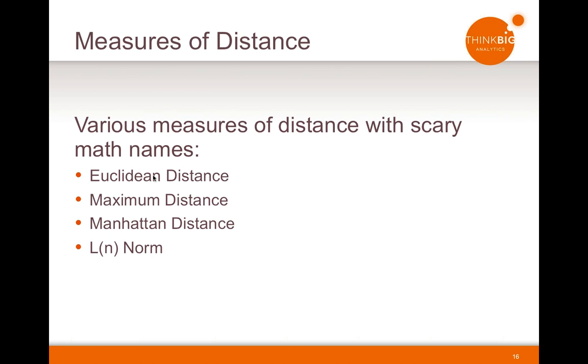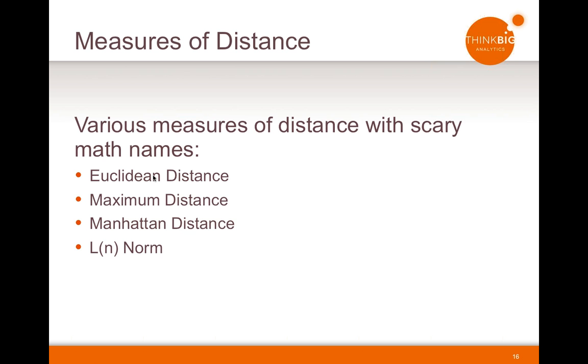If you're trying to measure the distance of a line between 2 points in 3 dimensions, it would be x squared plus y squared plus z squared. If you're doing it in 4 dimensions, it would be x squared plus y squared plus z squared plus w squared, whatever your 4th dimension is. And you take the square root of that value, and that's the length of the line between those 2 points.